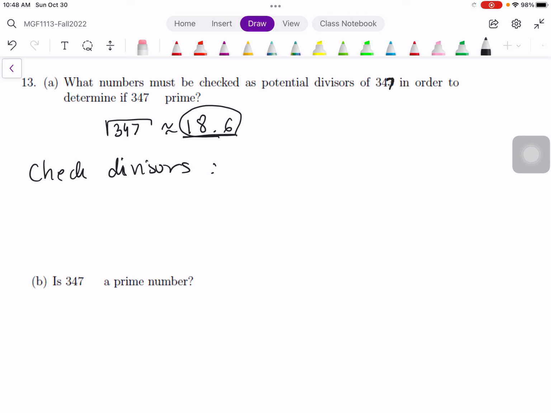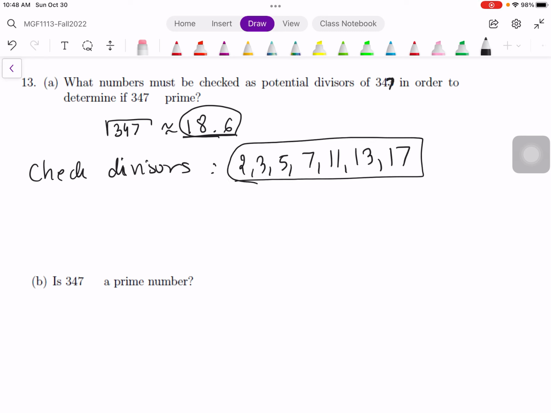And what are the prime numbers up to 18? We have the list right there, so we can list them: 2, 3, 5, 7, 11, 13 and 17. Those are all the prime numbers up to 18. So if this number 347 has any divisors, it must be among those numbers.